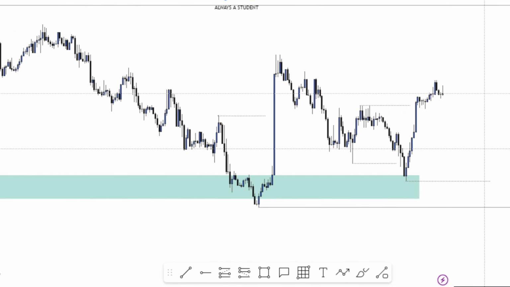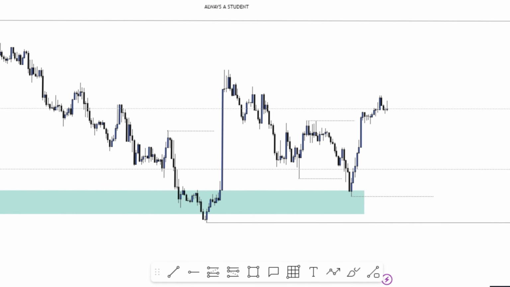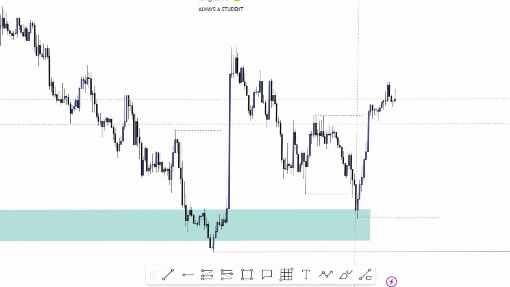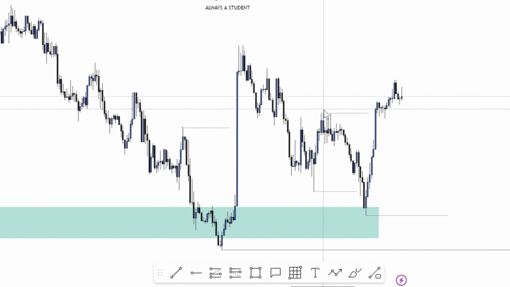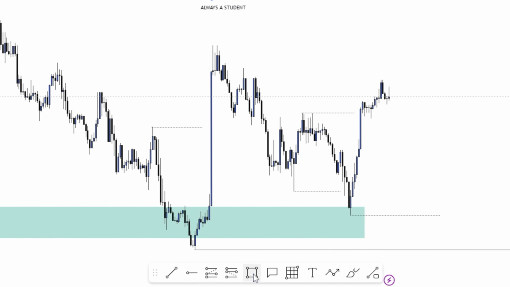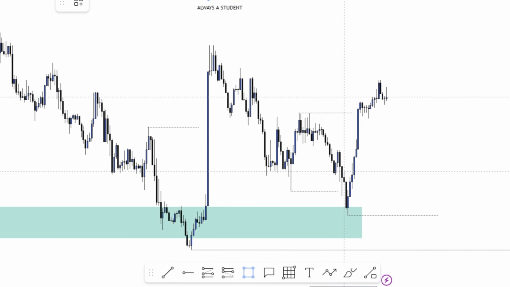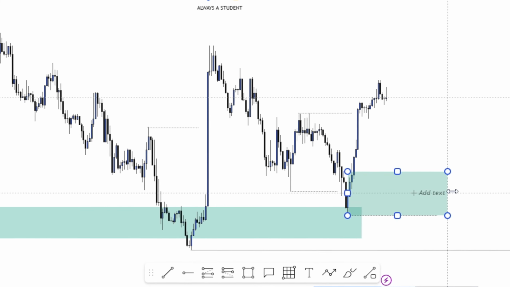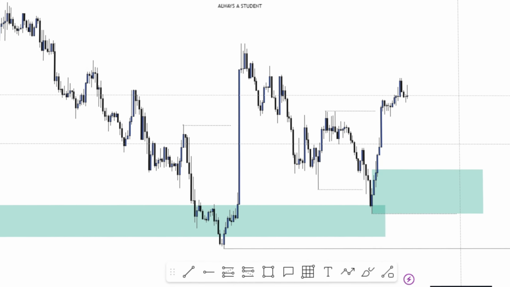Why is that? Because since price has taken out liquidity over here and there is a break of structure above this high, this area, most traders are going to be interested in buying from this area.